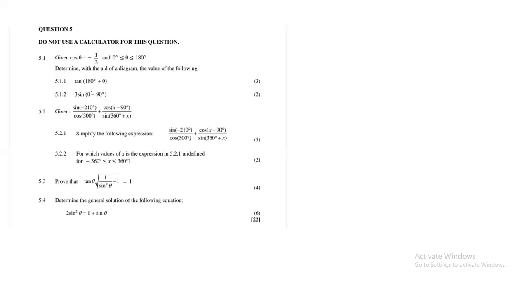And then the statement says to us, determine with the aid of a diagram the value of the following 5.1.1 as well as 5.1.2. So now, before we can perform these calculations, it's very important for us to know how to draw a diagram. The diagram that they are referring to is a diagram that we're gonna draw on our Cartesian plane before we can solve 5.1.1 and 5.1.2.